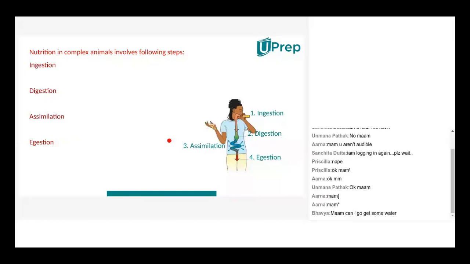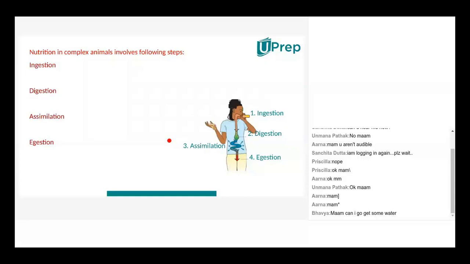Ingestion. That involves taking the food through the mouth and it first enters the buccal cavity, and the tongue, we eat and we swallow the food, and then it goes into the esophagus, where the esophagus takes it to the stomach. That's where digestion starts.